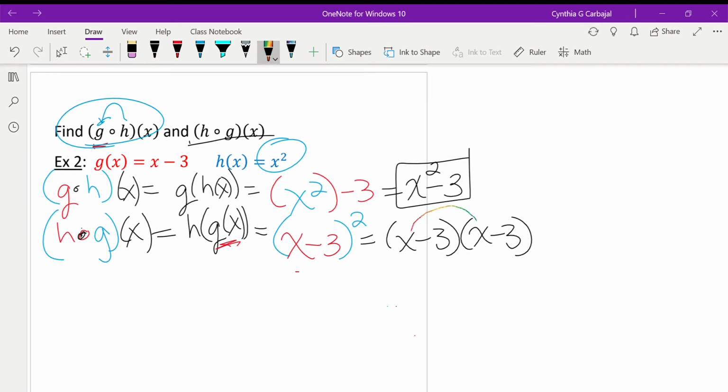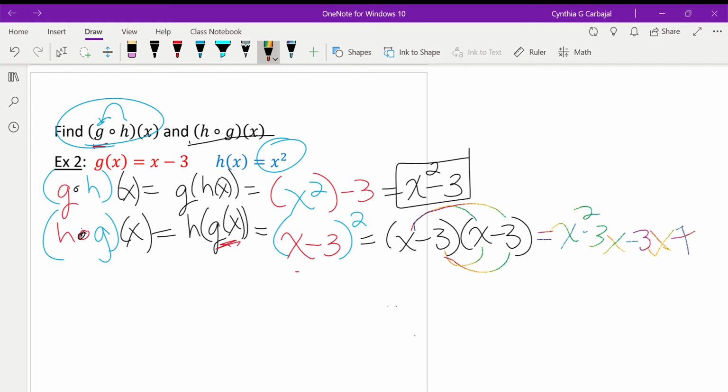So x times x is going to give me x squared, then x times negative 3, negative 3x, and then I move on to this, negative 3 times x, negative 3x, and then negative 3 times negative 3 is positive 9.